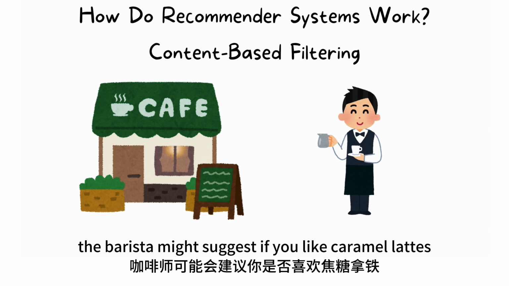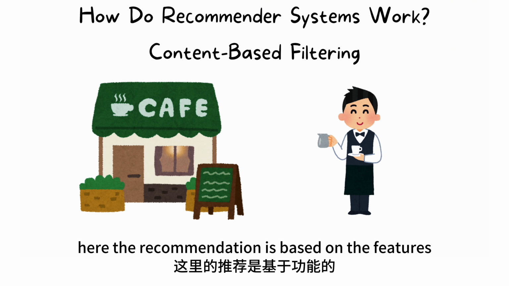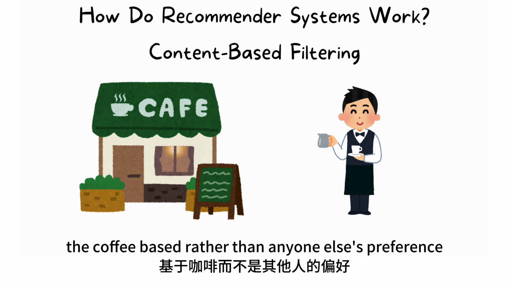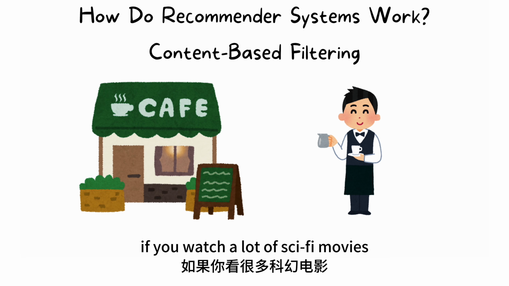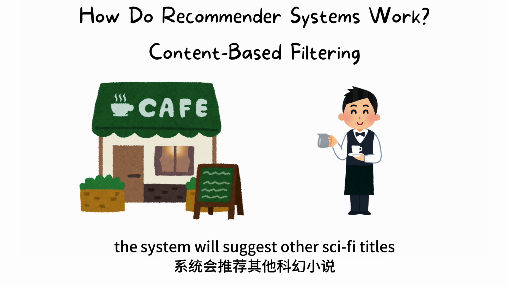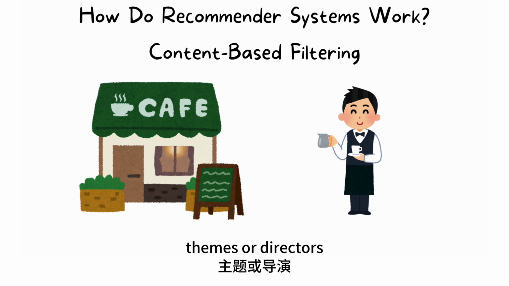The barista might suggest, if you like caramel lattes, you'd probably enjoy a caramel macchiato too. Here, the recommendation is based on the features, the flavor, the coffee base, rather than anyone else's preference. In a movie recommender system, if you watch a lot of science fiction movies, the system will suggest other science fiction titles because they share similar traits like themes or directors.